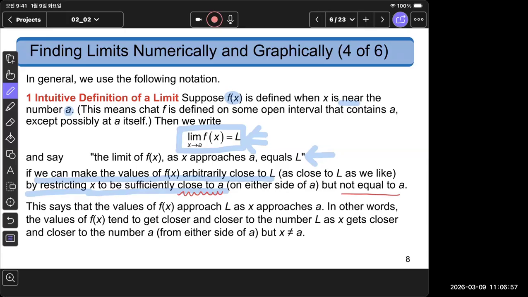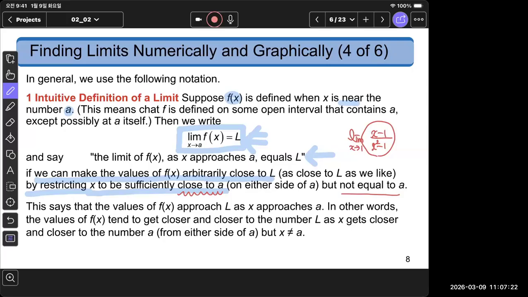Please remember, moments ago, in the previous example, we considered the limit of x minus 1 over x squared minus 1 as x approaches 1. Now, when x is 1, this function is not defined, but we do not consider that situation.